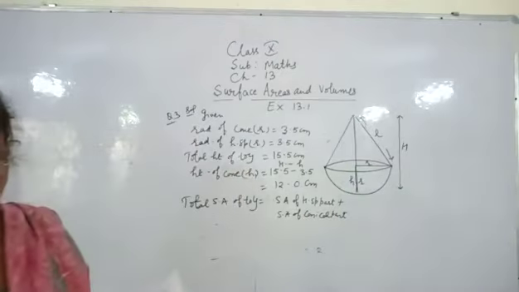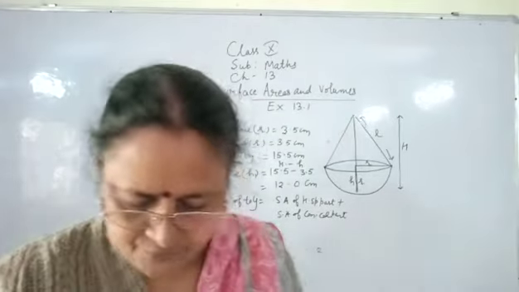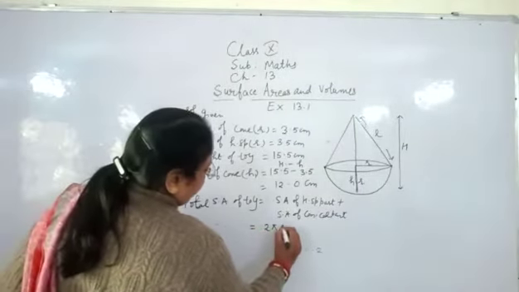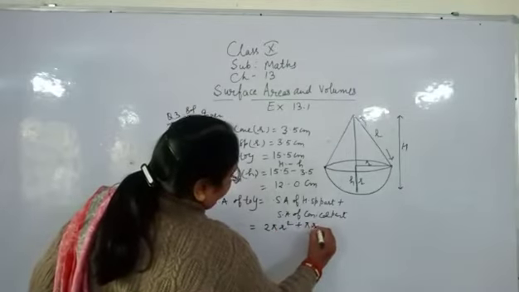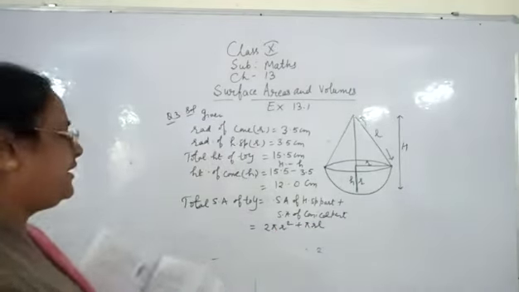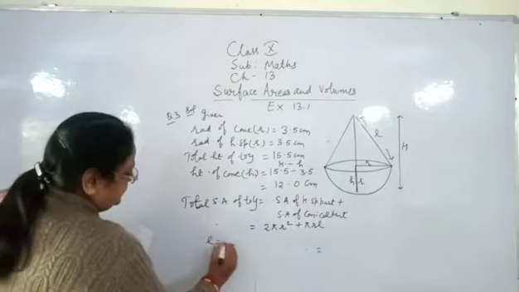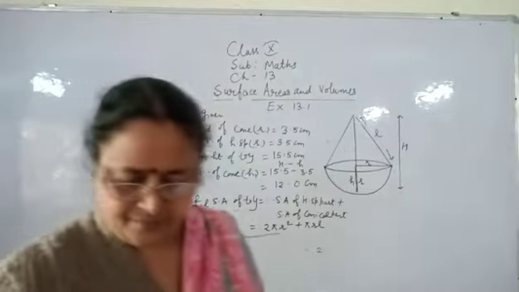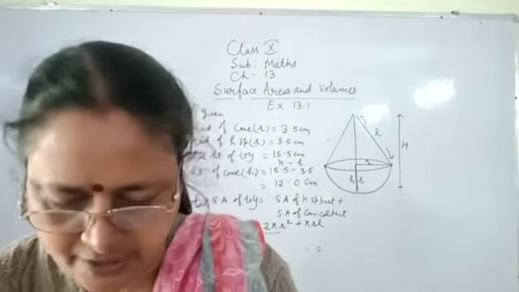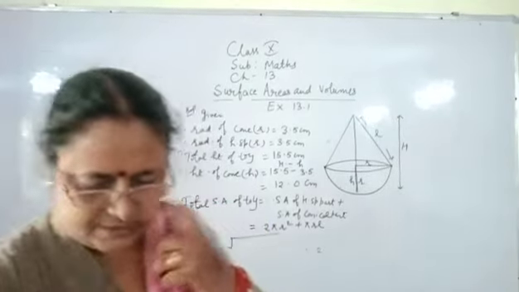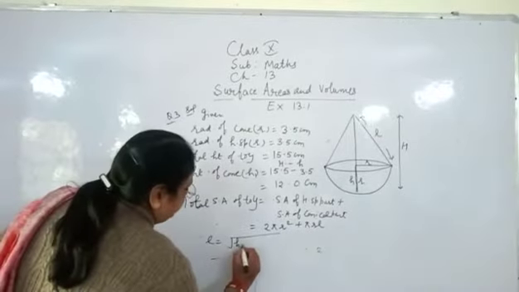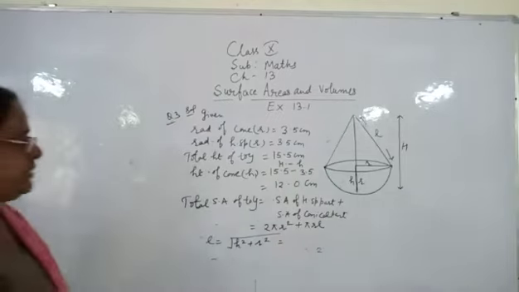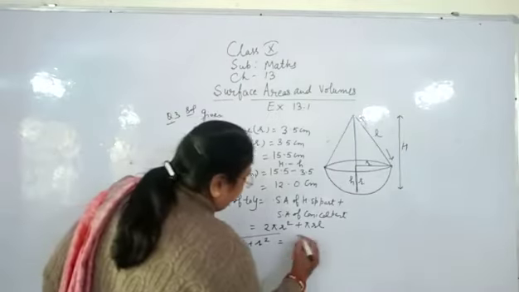So we have to find out l also here, because the formula is 2 pi r square plus pi r l. So how can we find l here? Write down: l is the slant height, so we will write the formula, l is equal to square root of h square plus r square. What is h here?